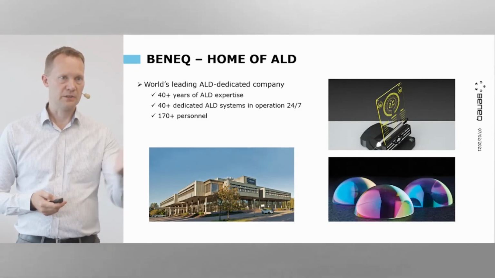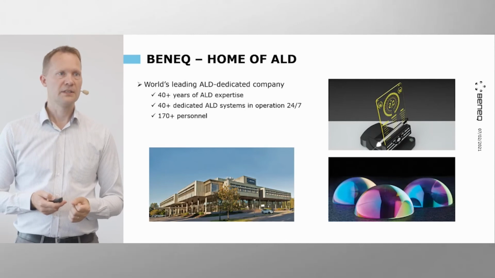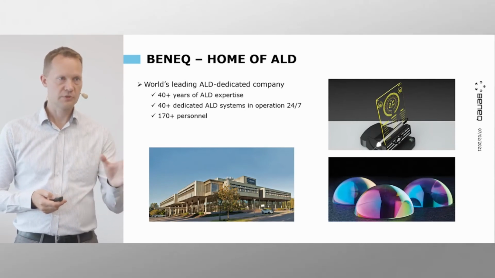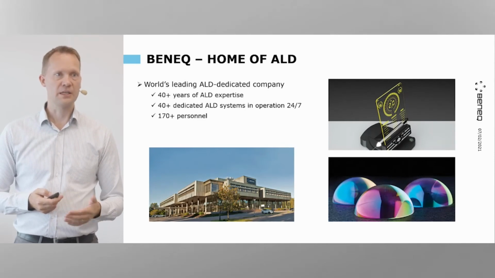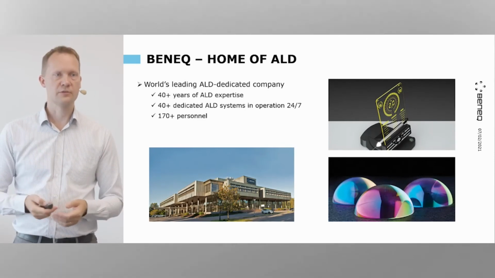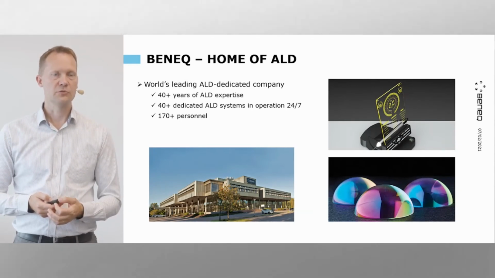And the building shown here is where we are, our headquarters, and there we have more than 40 ALD systems in-house used for various different things, and being in production use 24/7 for decades already. So that's why we say we are home of ALD.